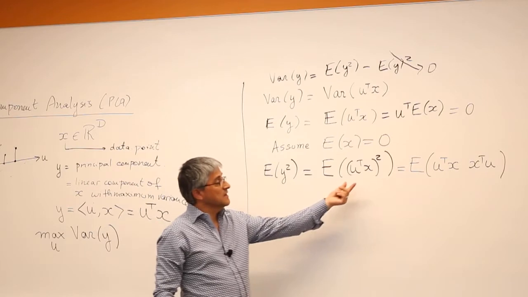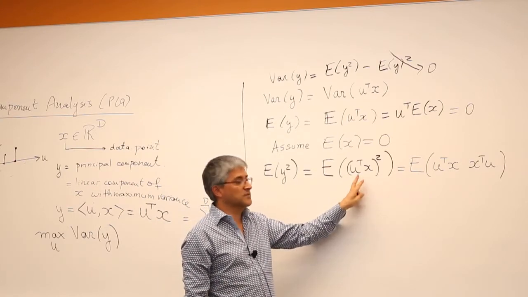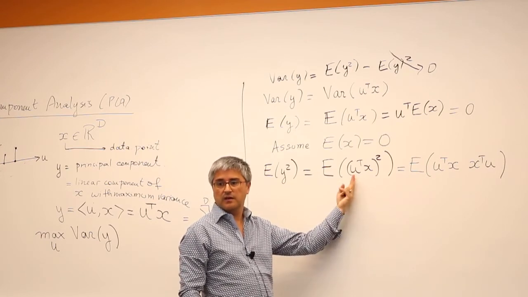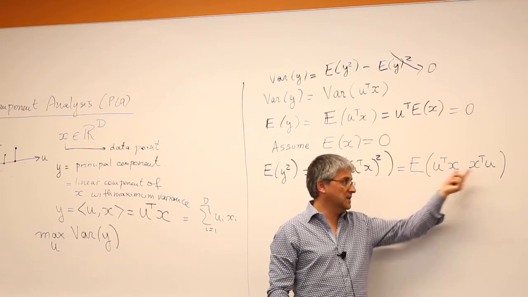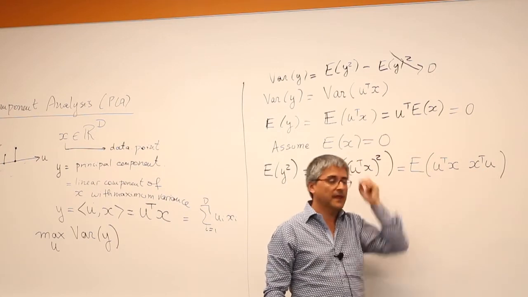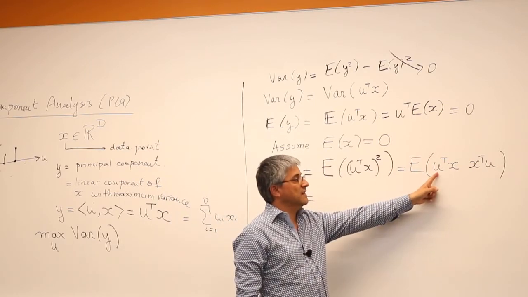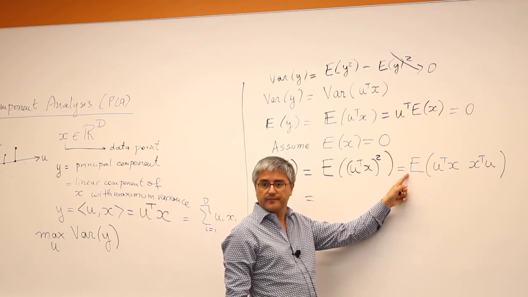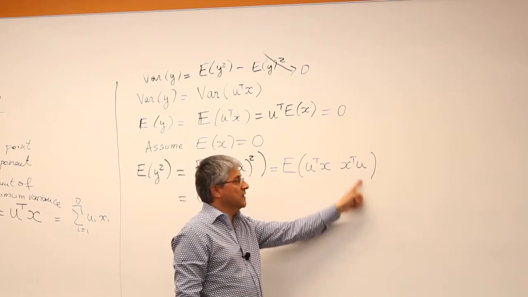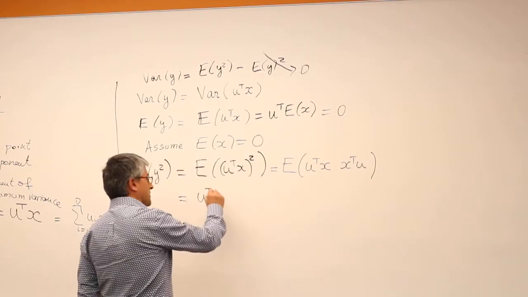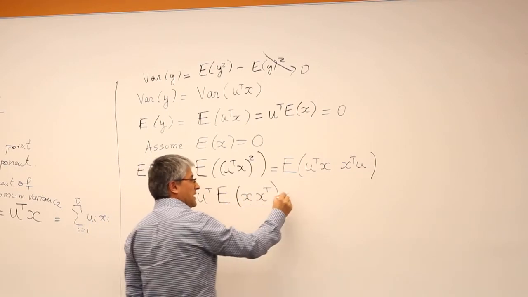I can do that because u transpose x and x transpose u are the same thing. Dot product is commutative. It's a scalar times another scalar, and they happen to be the same. Using the same trick as before, that u I can take outside, so I get u transpose, and likewise that u I can take outside, so I get expected value of x transpose in the middle, and u over here.